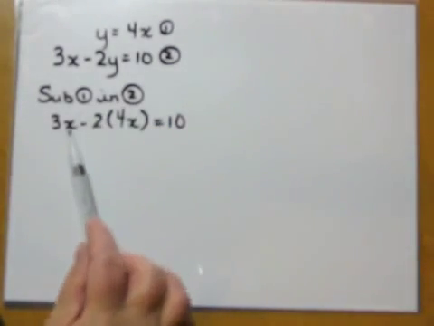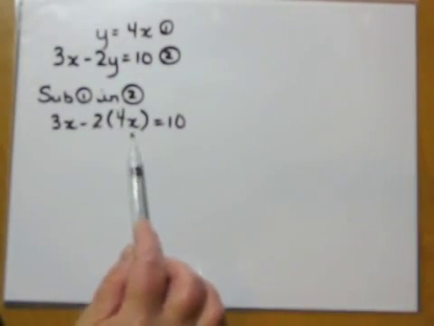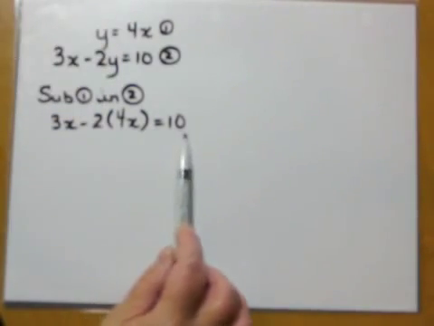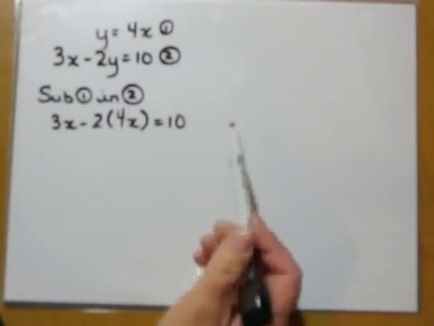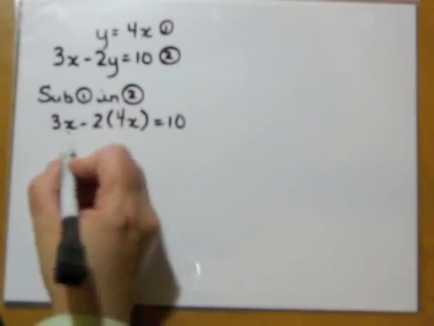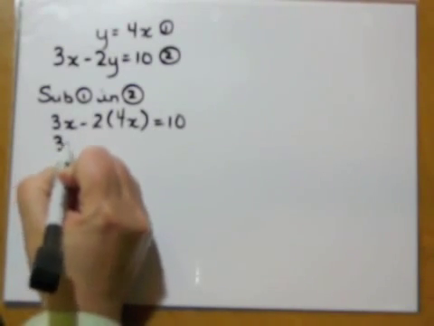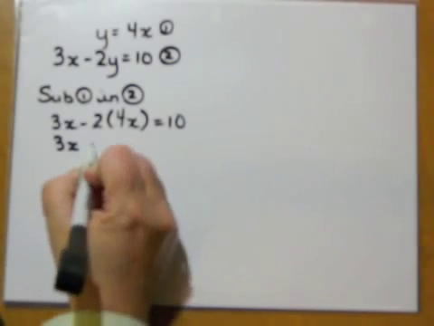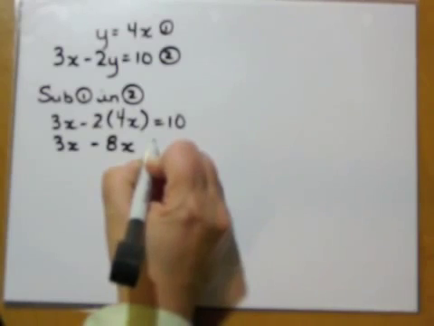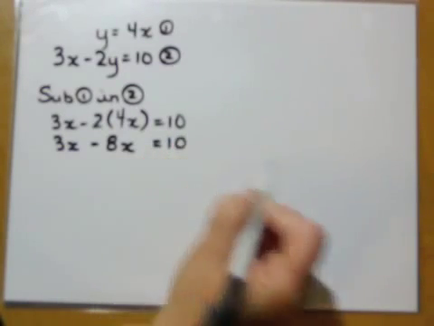So basically what I have here is 3x minus 2y, but from equation number 1 we know y is 4x, equals 10. So this is equation number 2. Now this is one equation with one unknown in it. So we have 3x, negative 2 times 4x is minus 8x, equals 10.